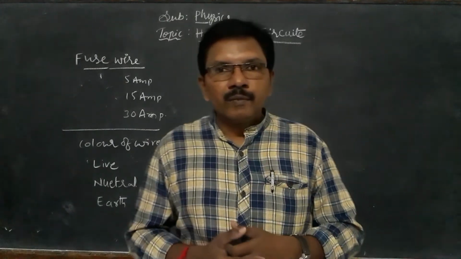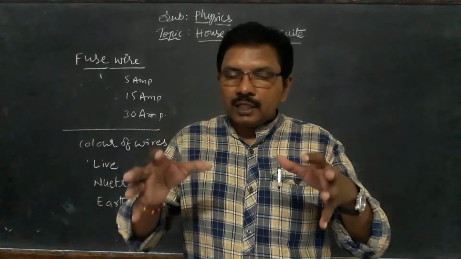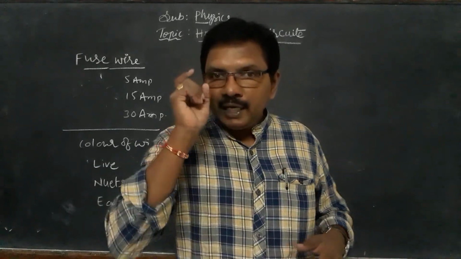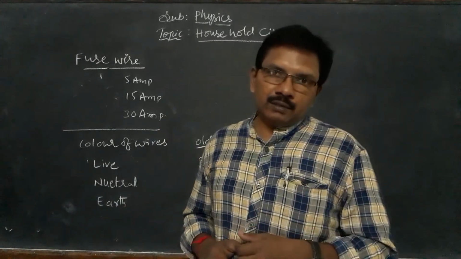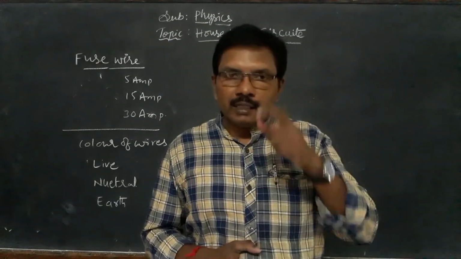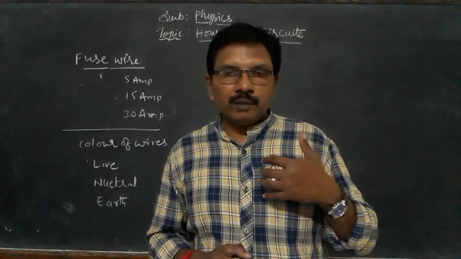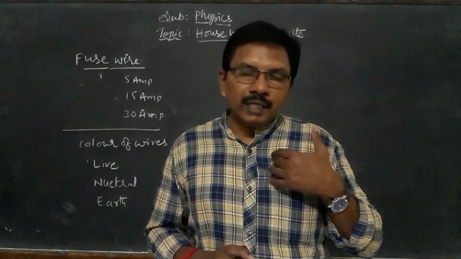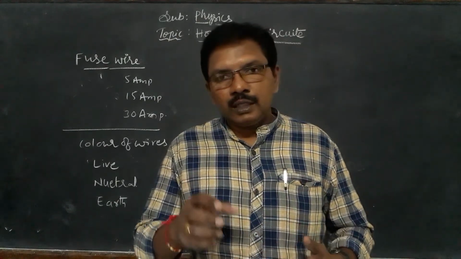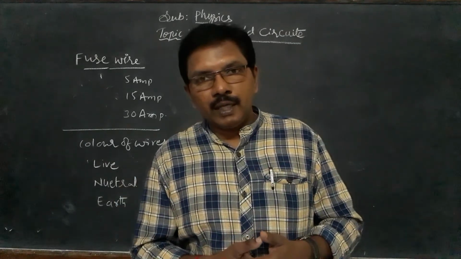And one more thing: the appliance we are touching should be connected to an earth wire, otherwise it is dangerous for us. Unknowingly we can sometimes get shocked when a live wire touches the body of the appliance.